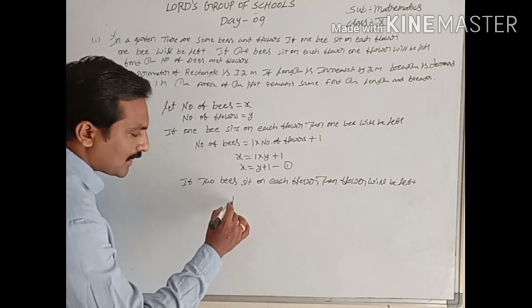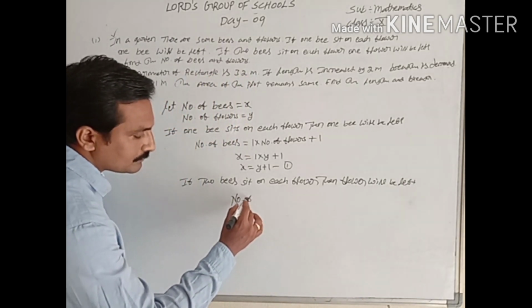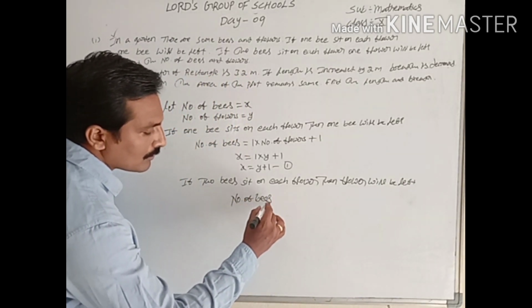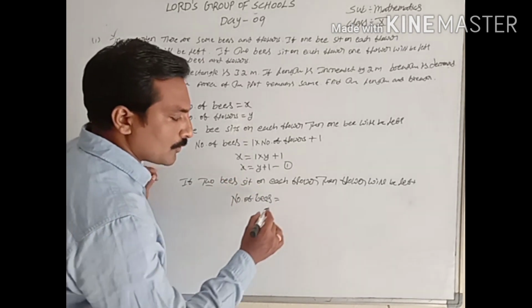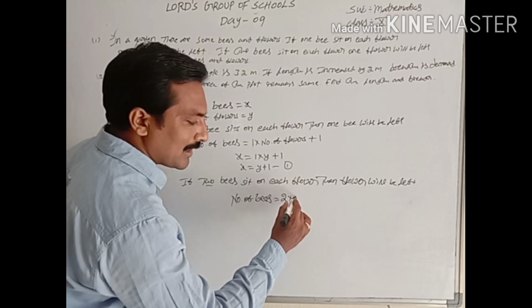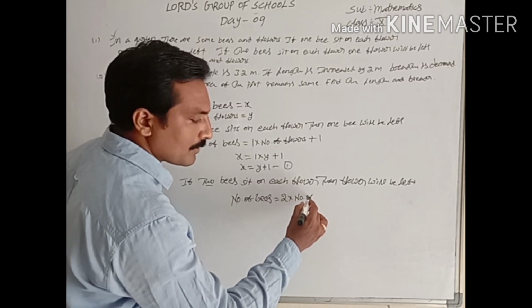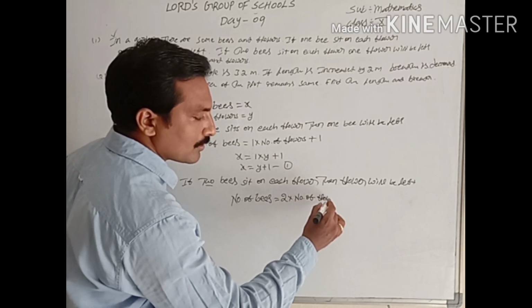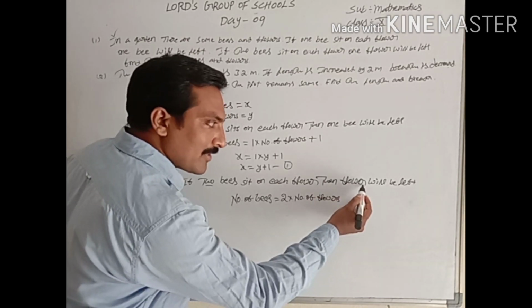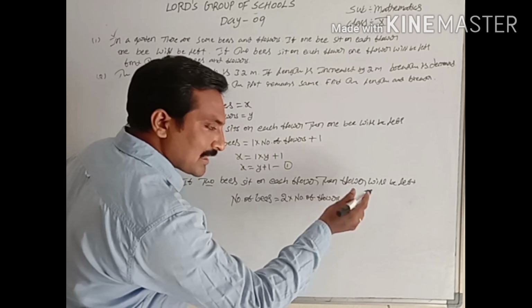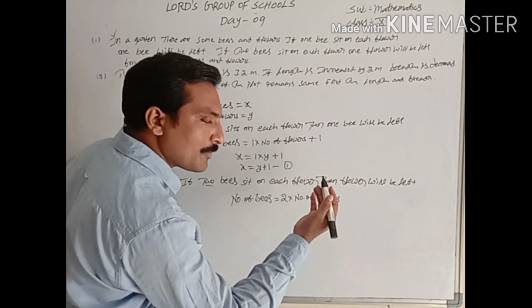Means number of bees is equal to, here on each flower how many bees are sitting? 2. 2 into number of flowers. Here one flower is missing. One flower will be left. Means that flower is left, means here 2 bees are less.